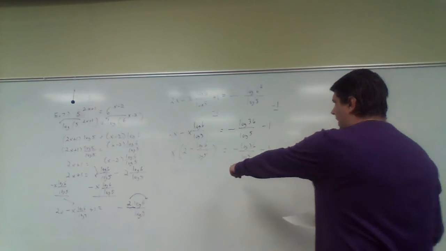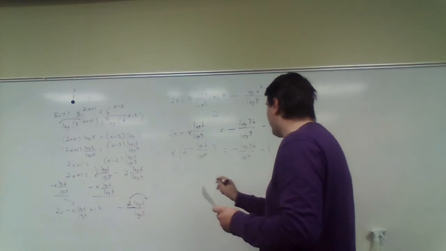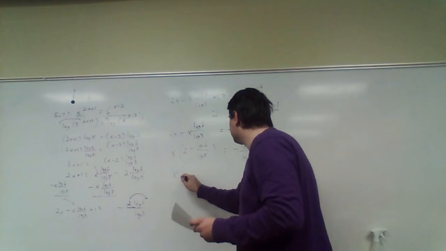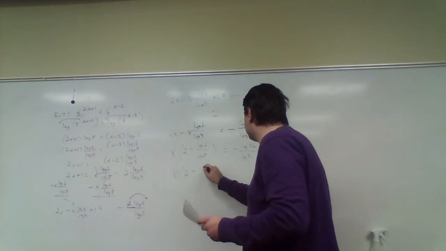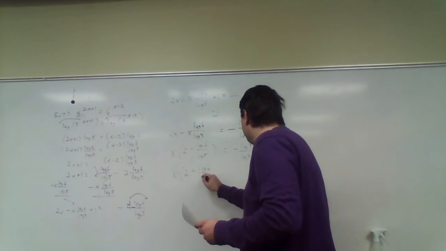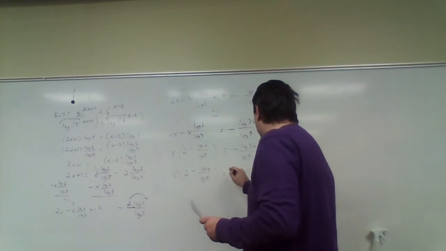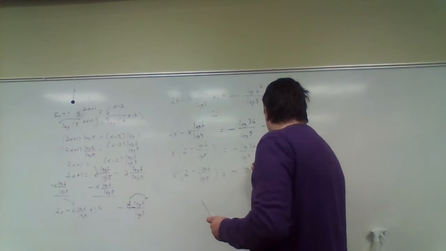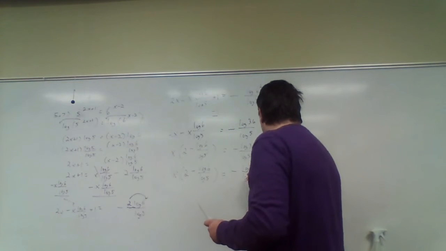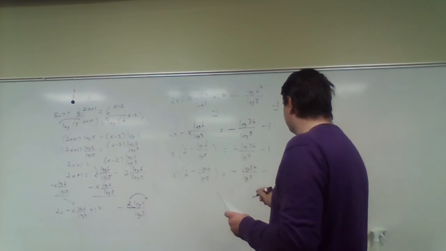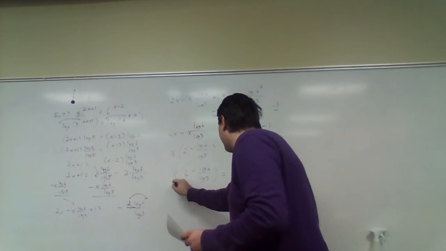And then we're going to divide off the other factor, 2 minus log 6 over log 5, so that we have x equal to negative log 36 over log 5 minus 1, all over that factor. We're dividing off the other factor.